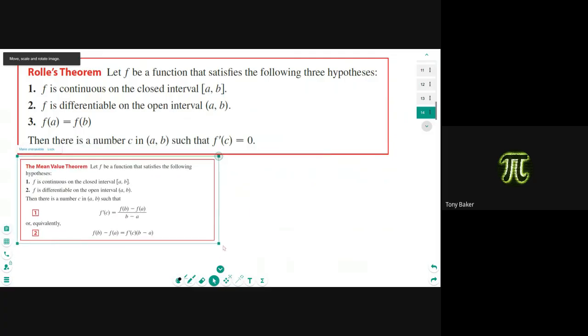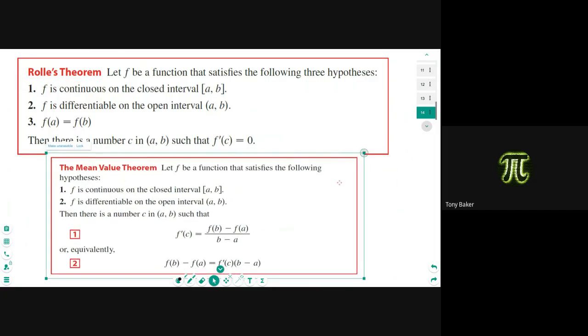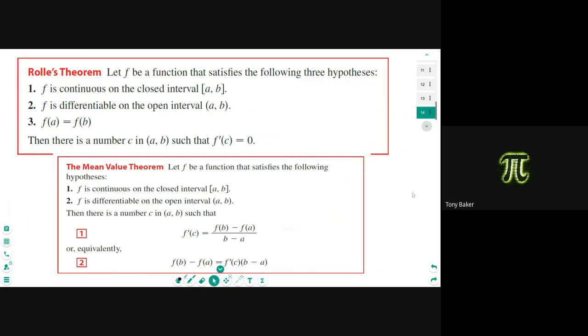There's two theorems here. So Rolle's theorem says that these three things have to be true for this to work.